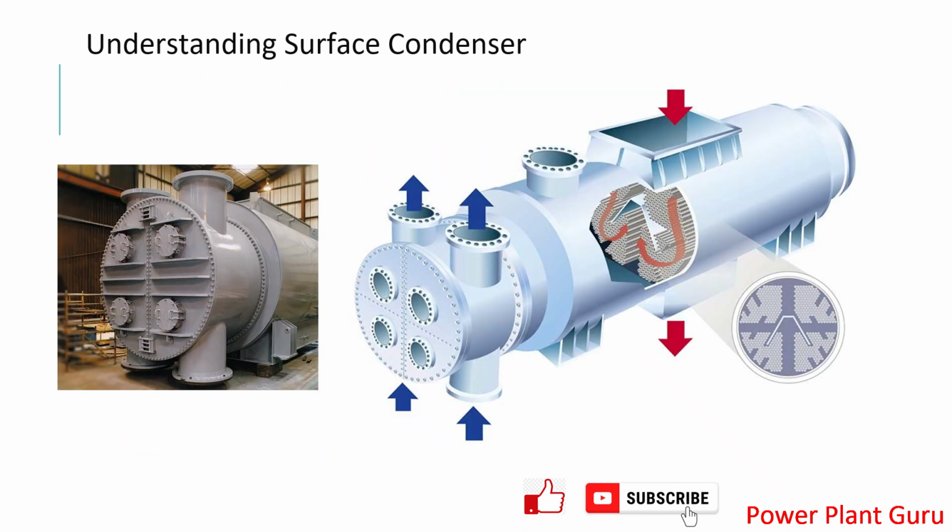Okay. So as you might have seen in the previous slide, this is the condenser physically. But now let us see how it is from the internal side and how the function works in reality. What you see here, the inward arrow is the cooling water inlet, and the outward arrows are where the cooling water returns.